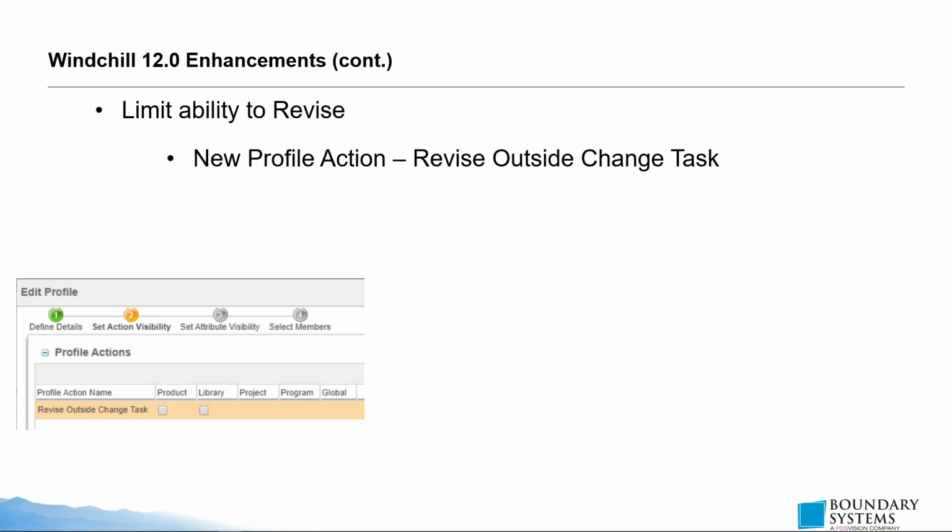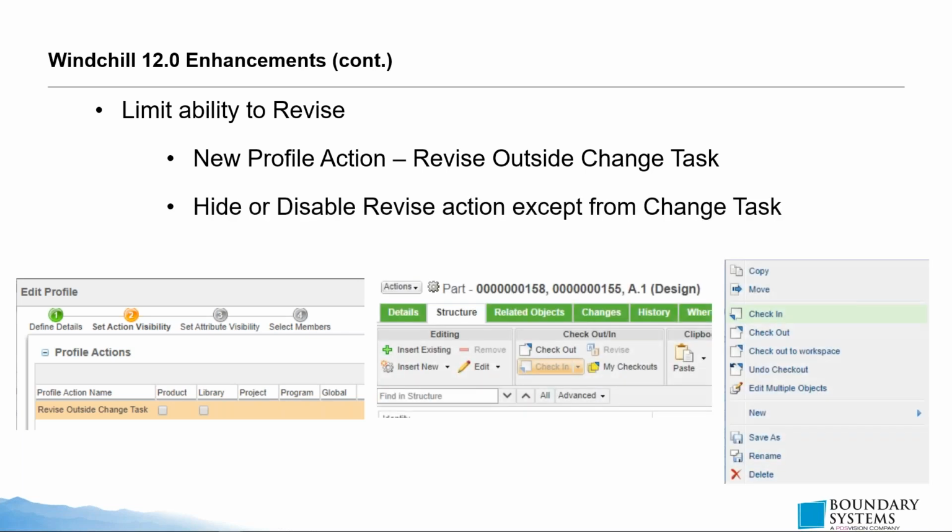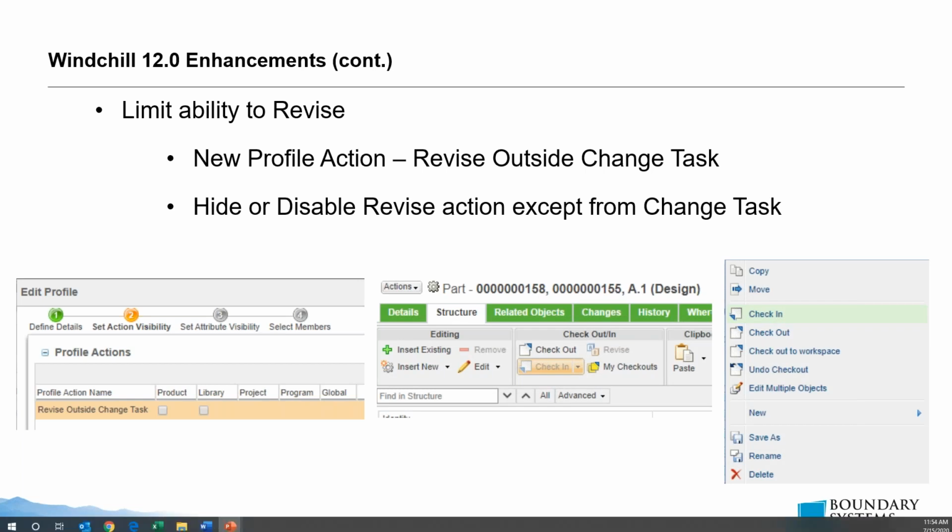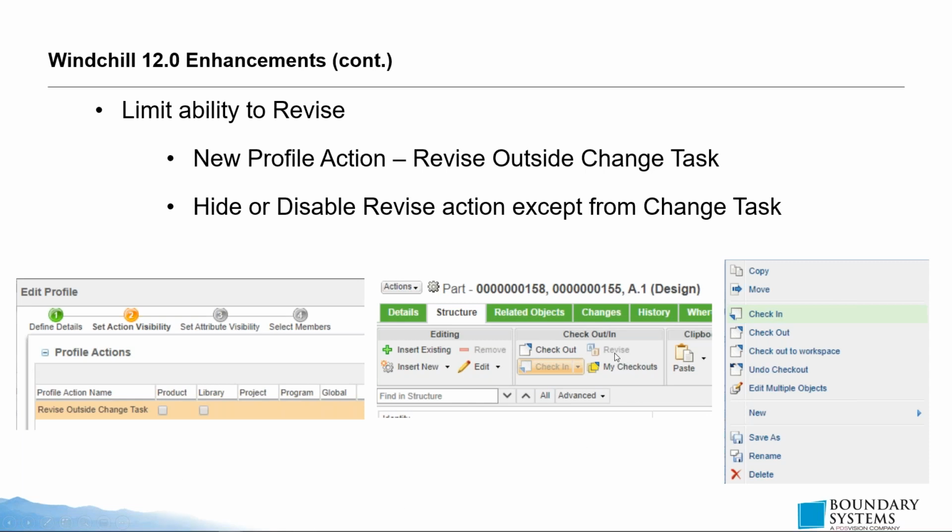So we can still associate that with roles as well. So not only can we specify whether or not it's available, we can also specify whether or not it's seen. So we can specify that, yes, revise can be shown, but it's disabled.